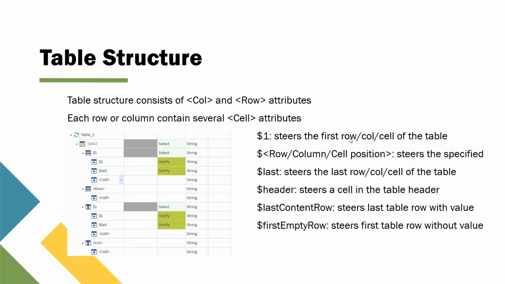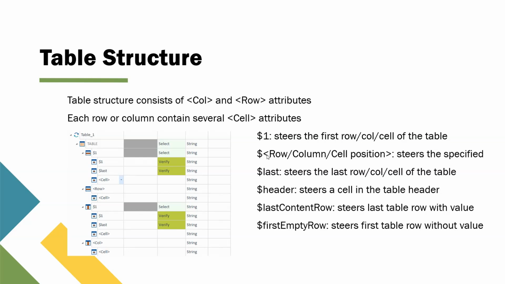So whether it is a row or a column or a cell of a particular table, using this $1, you can basically steer the first row or the first column or the first cell of a particular table. Similarly, you can steer any row, any column, or any cell position using this $ sign with the particular number, right?